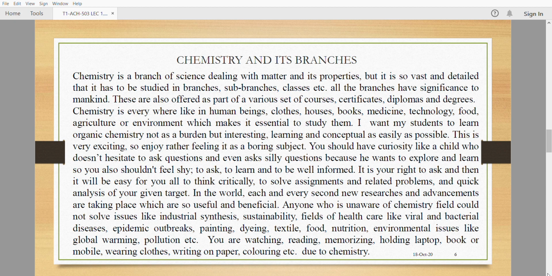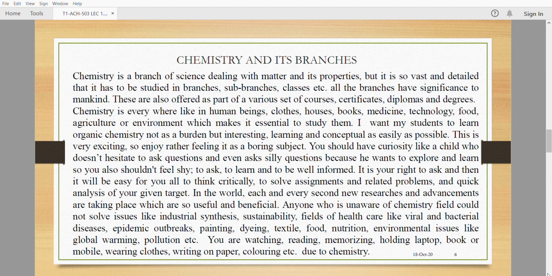You know it very well, but to summarize things, in the next lecture I will start from this slide, on what chemistry is and what the significance of chemistry is, because it is very vast, and we cannot study it simply under the heading of organic chemistry.